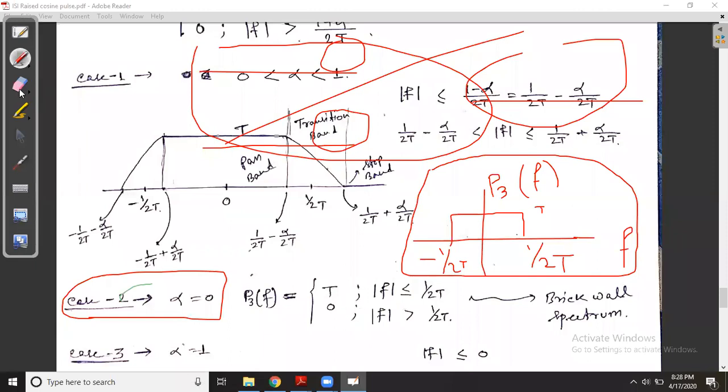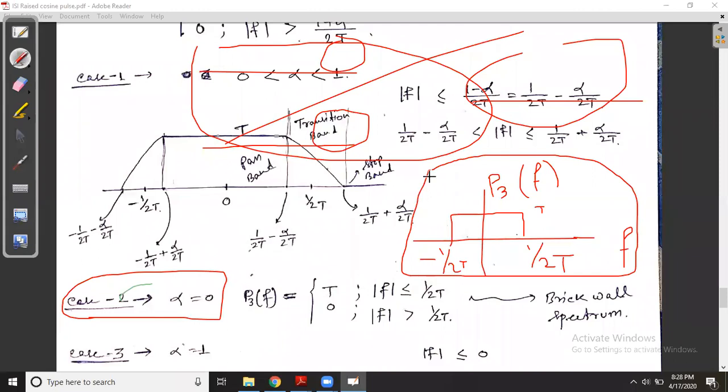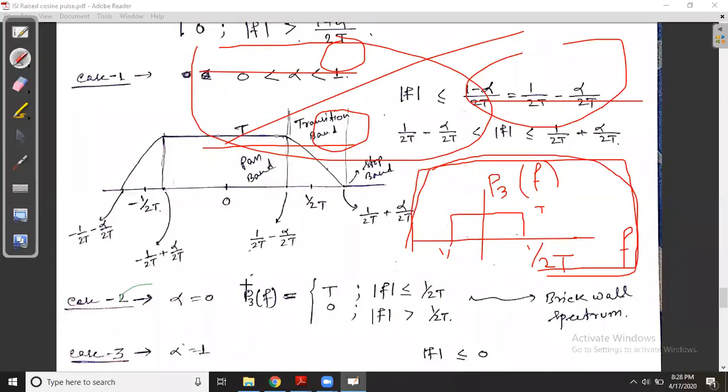If I put the value of alpha as 0 in the same conditions, 1 minus alpha by 2t, 1 plus alpha by 2t, then you will have a pulse shape like this. That is the condition we have written here.